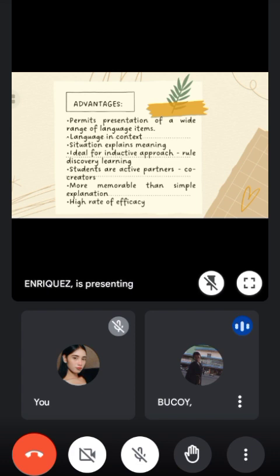Next is ideal for inductive approach, rule discovery. So inductive approach, when we hear the word inductive approach, we start making observations or gathering data or information, seeking patterns in those observations and theorizing about the patterns.